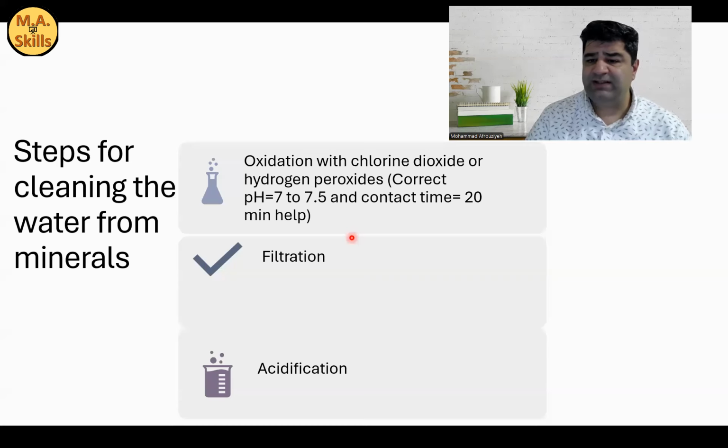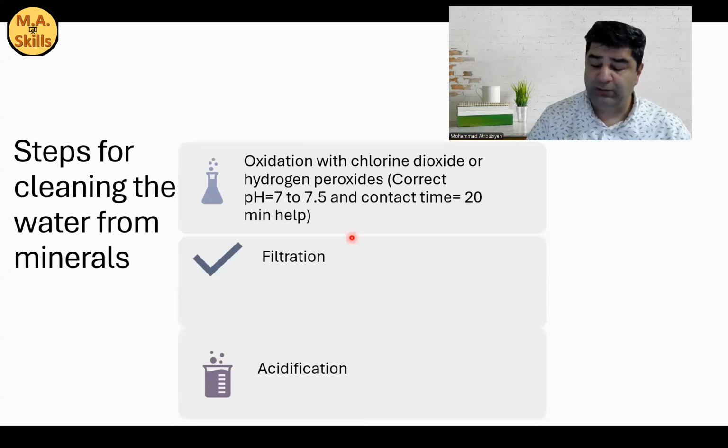Usually citric acid should not be used as a cleaner, but in this case, because we are cleaning the water line from minerals and from those scales, we can use citric acid. And after that, we need to flush the water line to get rid of any sediments and any residuals from the line.